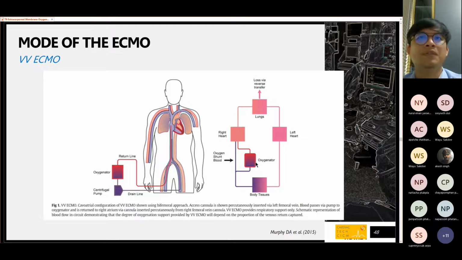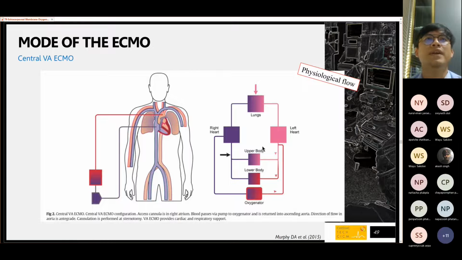If you reduce the support by the ECMO, that means you change the sweep gas setting. Let's say during the weaning, you need to make sure that the native lung has recovered function. However, this lung is going to be supported by a ventilator, but with less setting than usual.